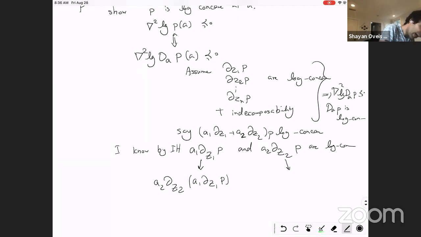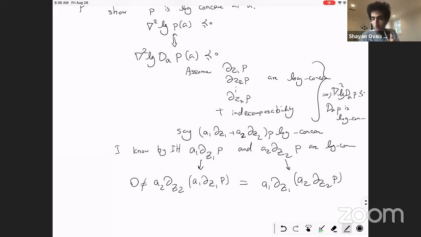And for this one, I'm going to take A1 partial Z1 of this polynomial. These are the same by definition. So now these two partial derivatives have a common interlacer. The only tricky thing is to make sure that this is not equal to 0. This fact, that it is not equal to 0, basically follows from indecomposability.